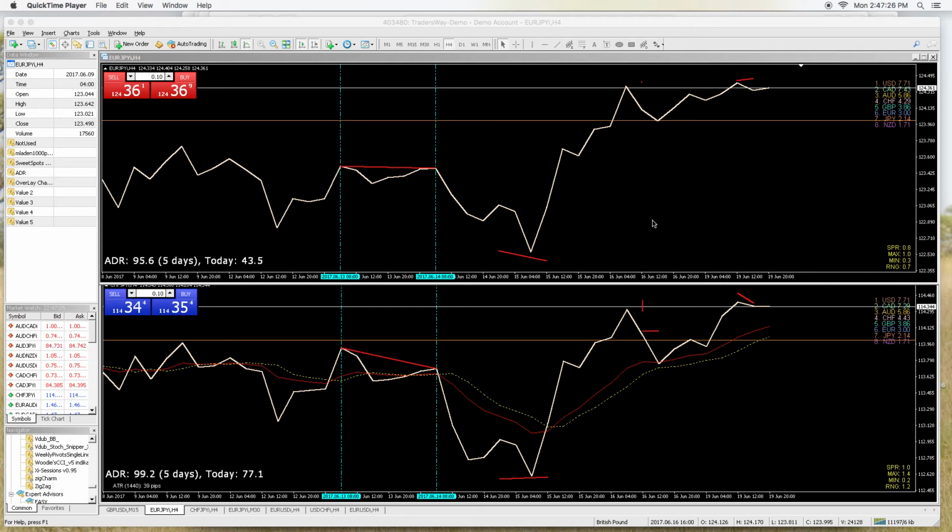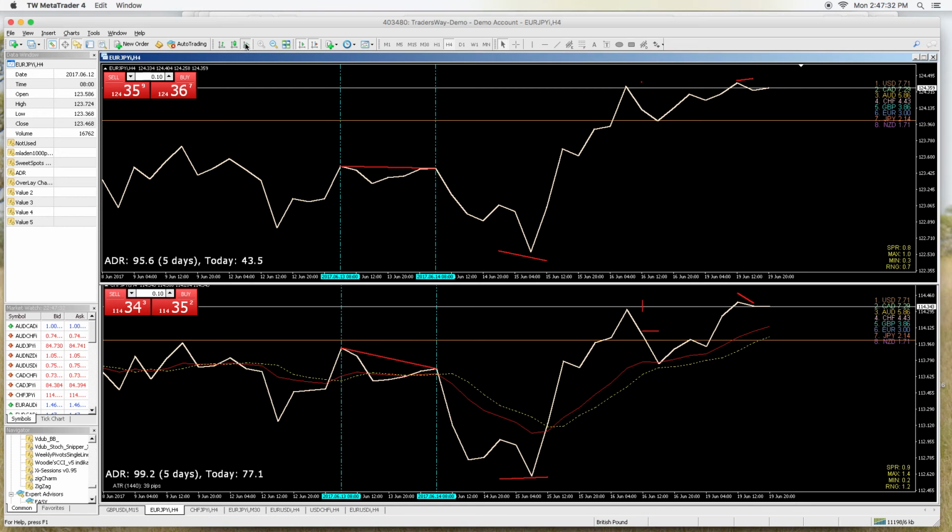These charts we're looking at here are line charts, which you select right up here, right? And the line charts then just give you a single line of closing prices in which to monitor what's going on price-wise.